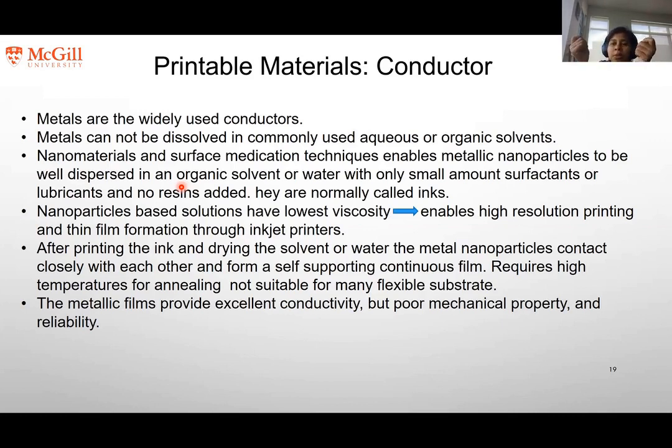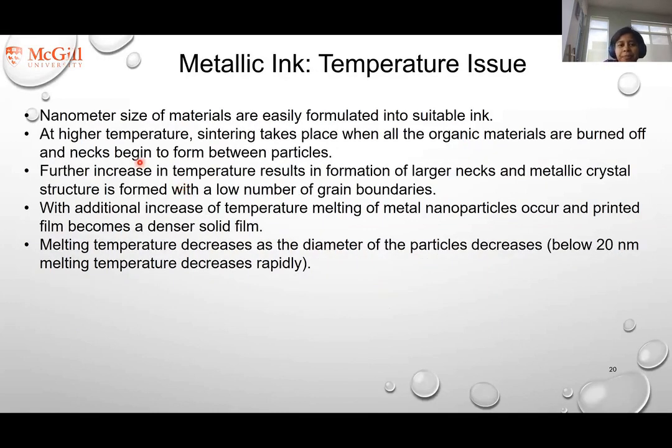So when we use them on flexible substrate, and if we bend them, they tend to get cracked, and they also have adhesion issue with plastic substrate. So there is also reliability issue. We're going to talk about those, and see how we can get rid of those problems.